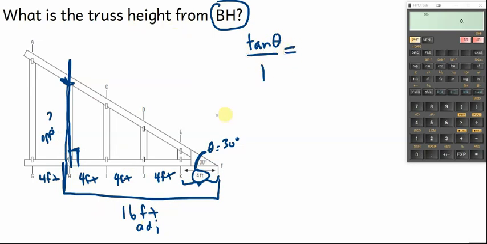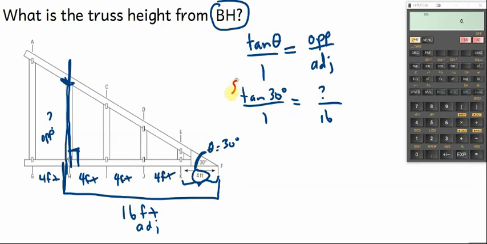Now there's going to be a little bonus question about this one in a moment. Tangent over 1 is opposite over the adjacent, and the opposite we don't know. We know the tangent has 30 degrees over 1, and we know the adjacent this time is 16 feet. We said before that this is not very useful.